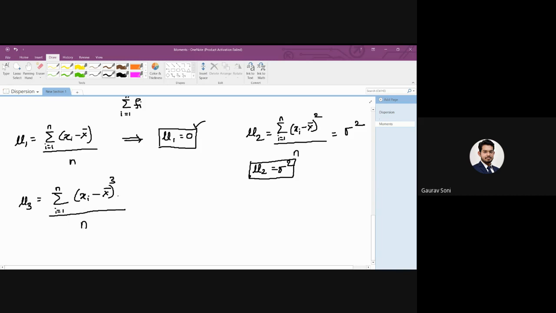Now, this cannot be simplified. This we will have to calculate for a particular example. Similarly, mu4 is summation xi minus x bar raised to 4, i running from 1 to n, upon n. So these two formulas are for raw data. The same thing can be written for the frequency distribution.